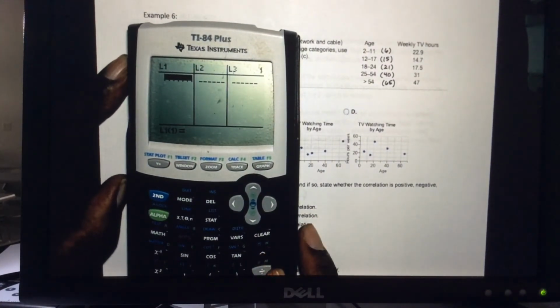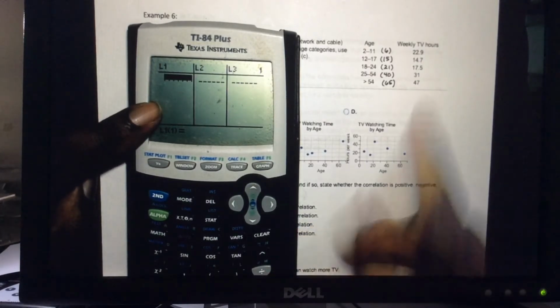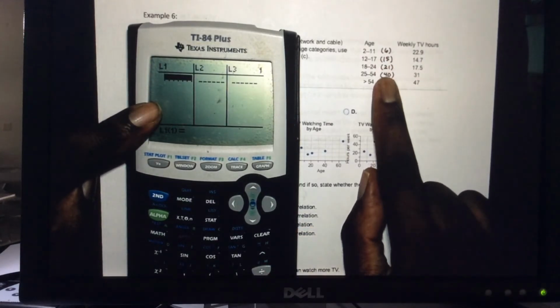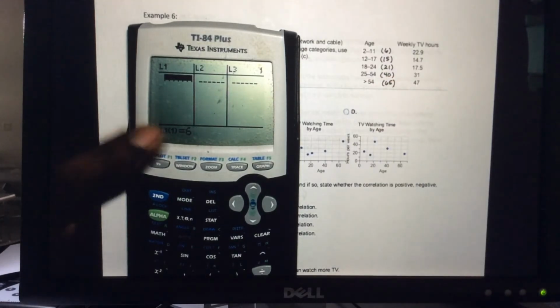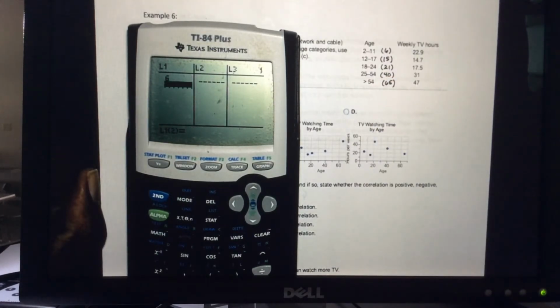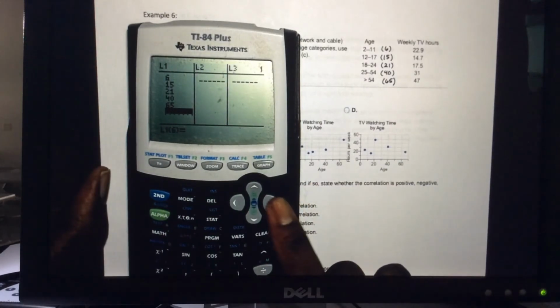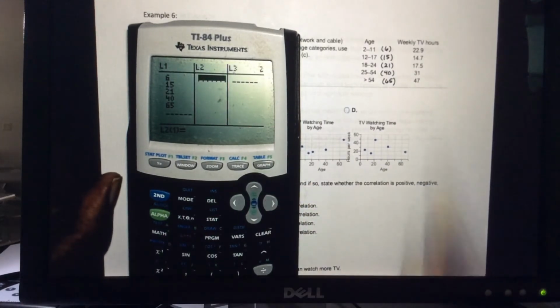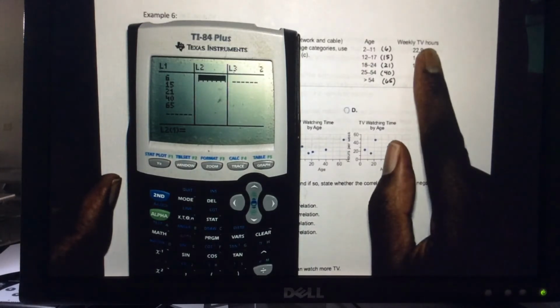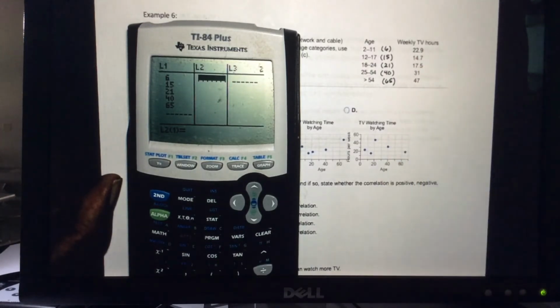Okay. In L1 on the left hand side, I'm going to type in these data points. Type 6 and then press enter. Then 15, press enter. 21, press enter. 40, press enter. 65, press enter. Then I'm going to use my right arrow key to go to L2. And then I'm going to enter these data values that are under weekly TV hours. Here is 22.9. You'll type that in, 22.9, enter.